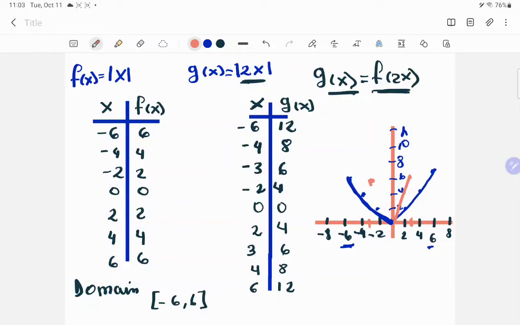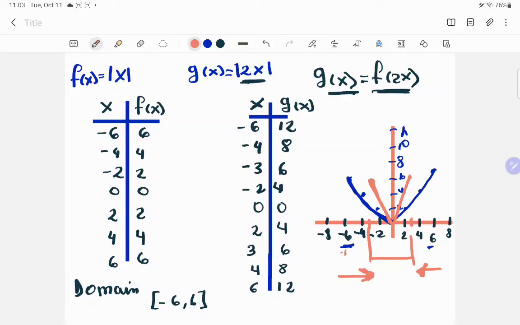So this is not a stretch, it's a compression. Why is it a compression? Because the domain was shrinking. The domain was compressed. My domain before was at negative 6.